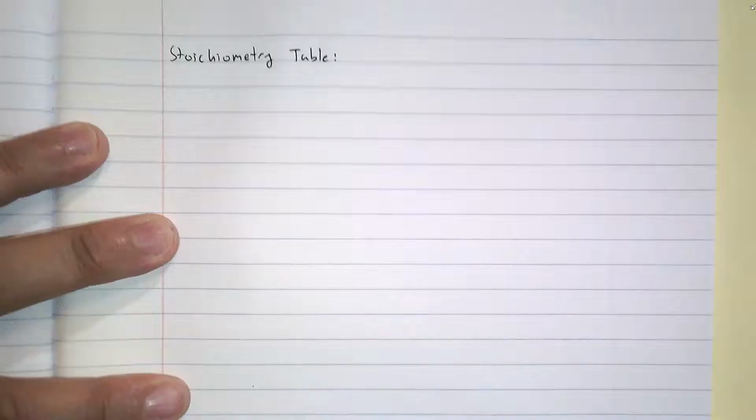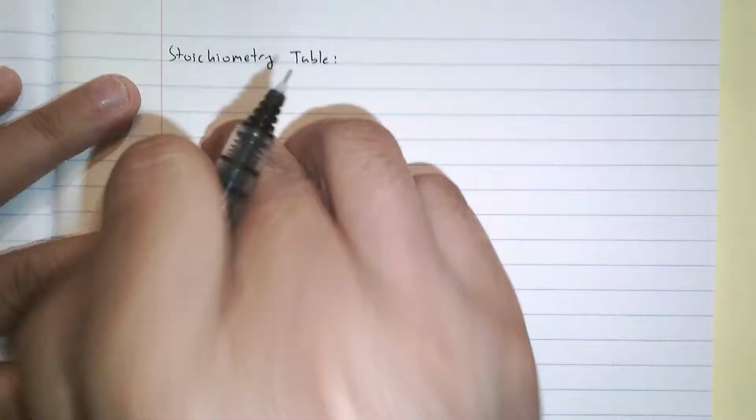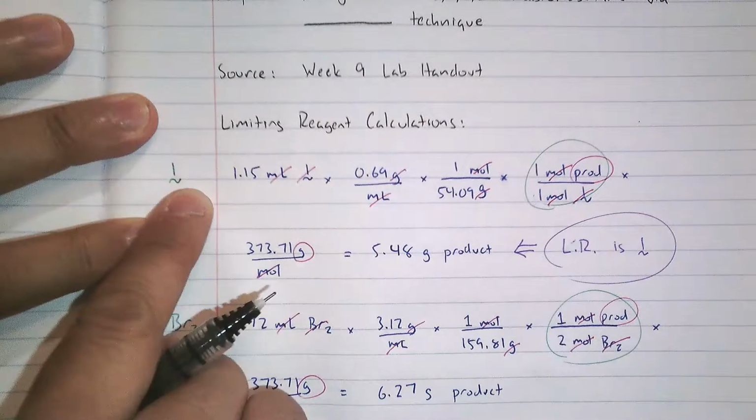Okay, stoichiometry table. The first thing is, we could call it starting material, but you only want to use the compounds that are going into your product. You really want to use the compounds that you used to figure out the limiting reagent.